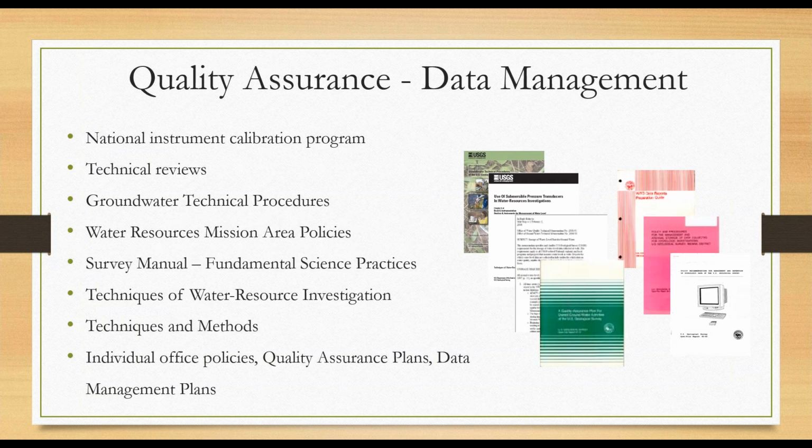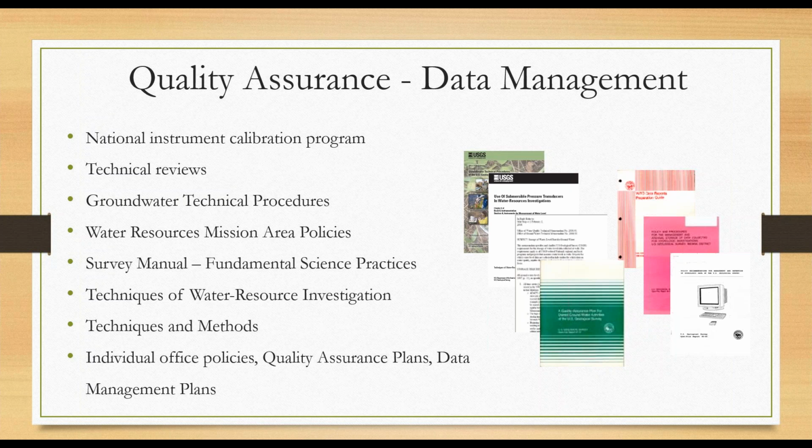So our water level steel tapes and electric tapes, if we use the tape in the field, it is sent through a national calibration program to make sure that instrument is suitable for collecting water level measurements, and it also identifies any adjustments that you may need to make to the measurement to account for the inaccuracy of the instrument, maybe some expansion or contraction.